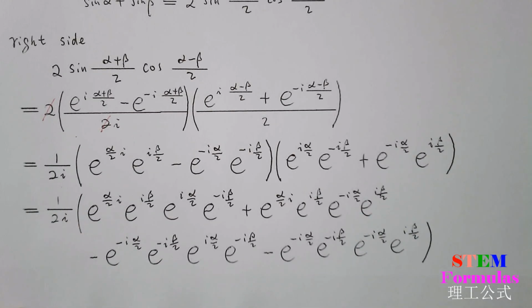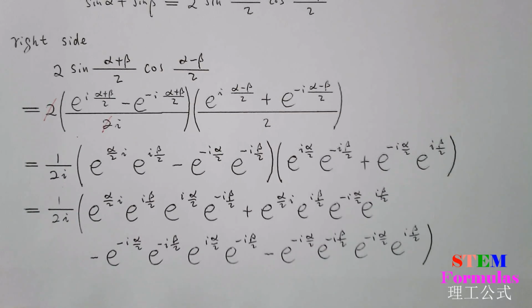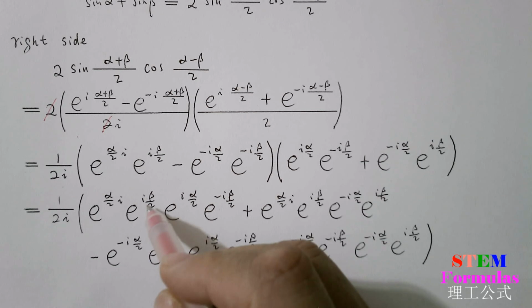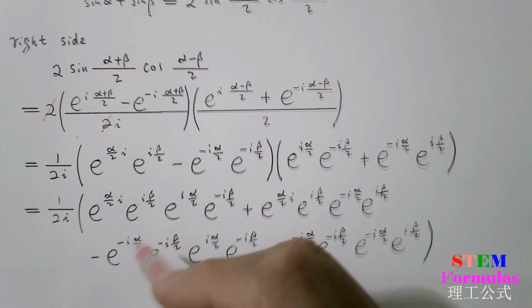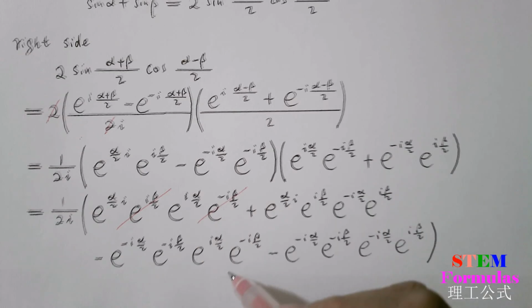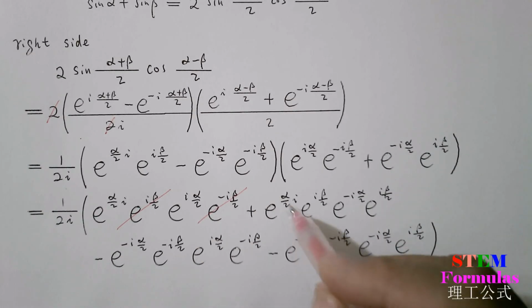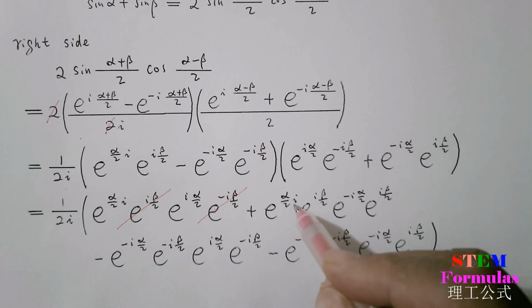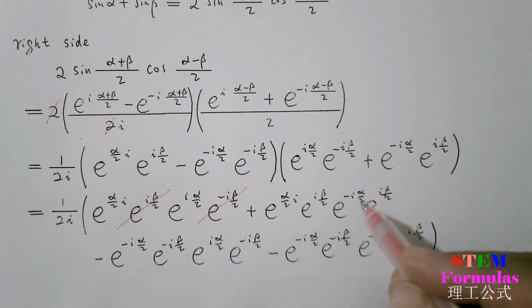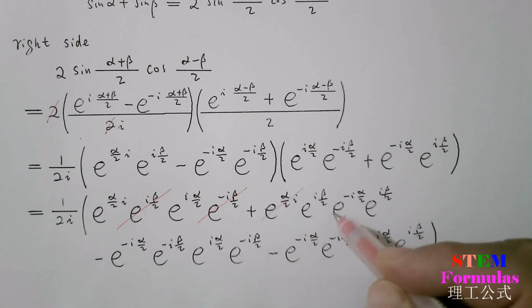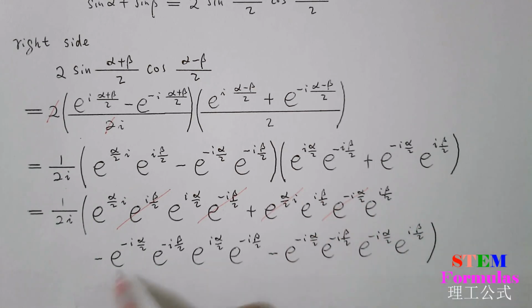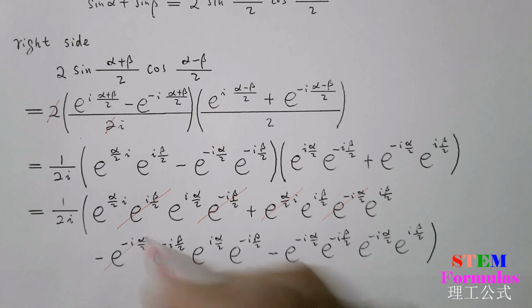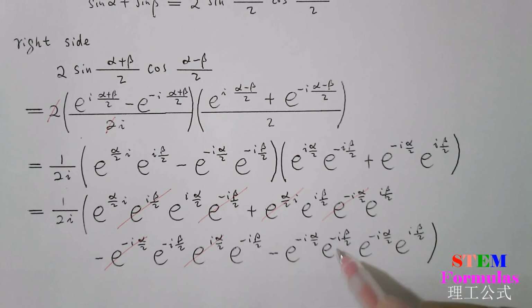So this term, I beta divided by 2 and minus I beta divided by 2, cancels out with this term. And this one, alpha divided by 2 times I, minus I alpha divided by 2, this term cancels with this term. And this minus I alpha divided by 2, here's plus I alpha divided by 2, and minus I beta divided by 2, I beta divided by 2, this cancels out.